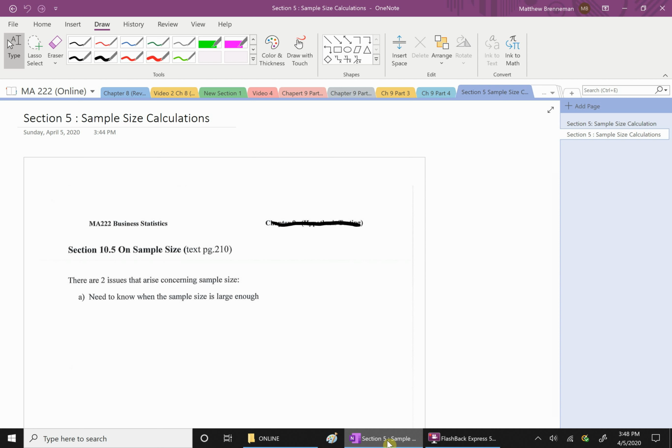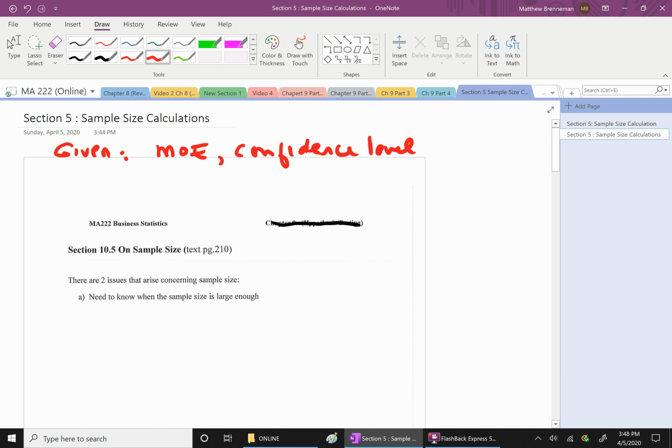What we'd really like to do is this. We'd like to start off and say, okay, if from the beginning I specify the margin of error that I desire and the confidence level, how can I get the sample size that I need? So you're going to tell me how precise you want your estimator to be.